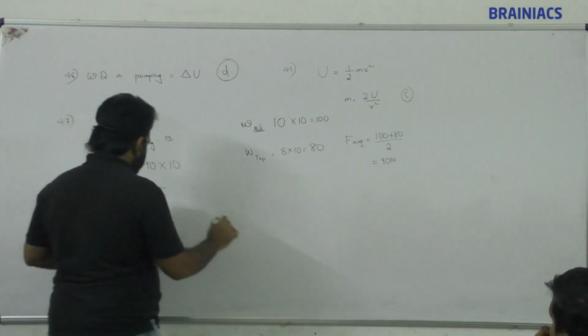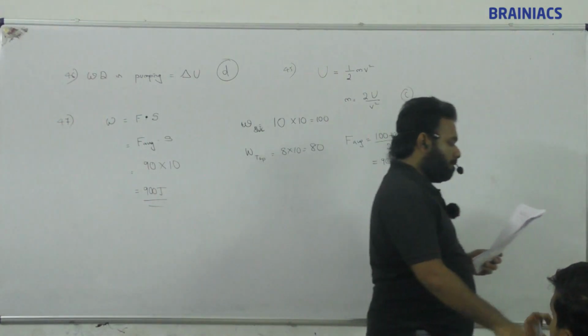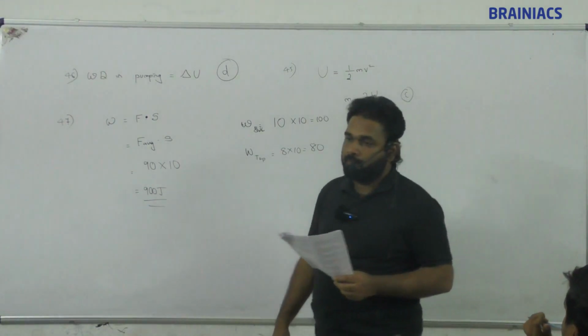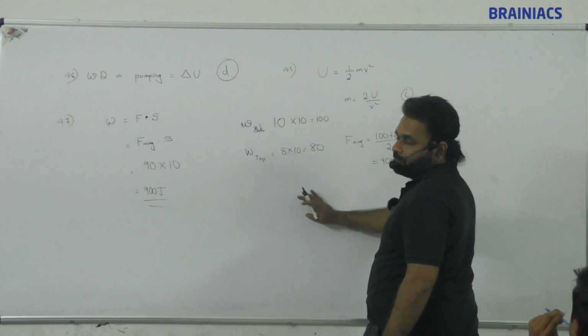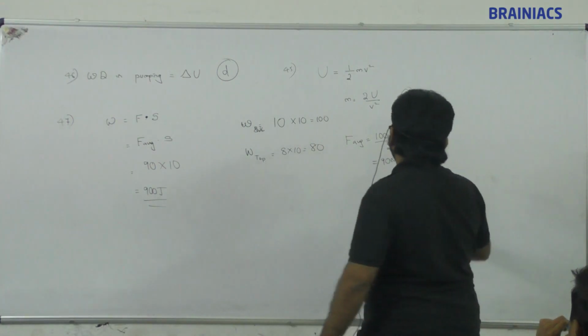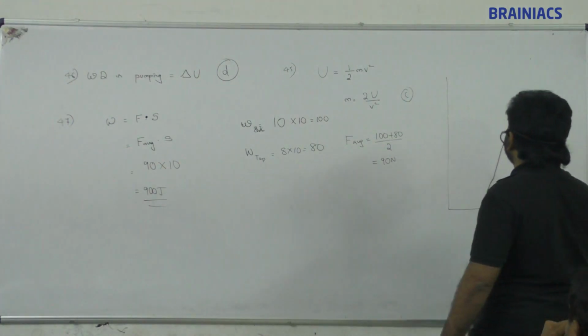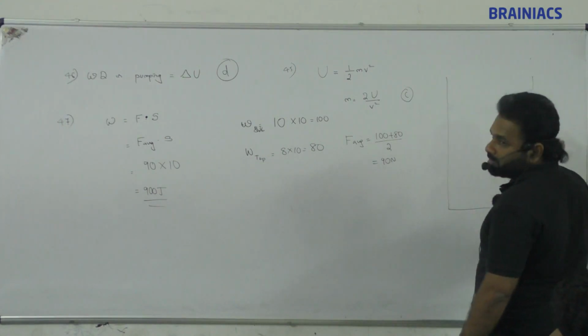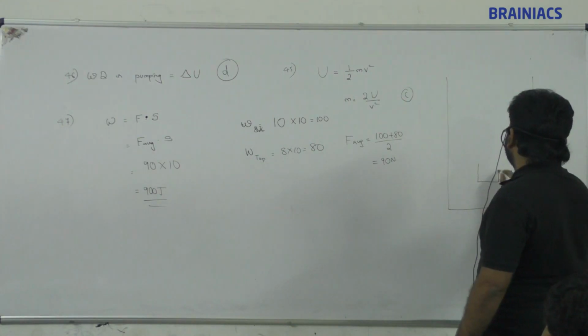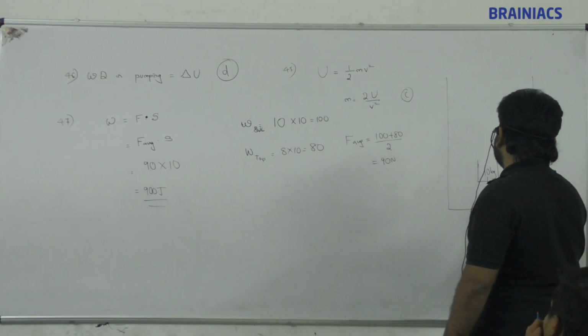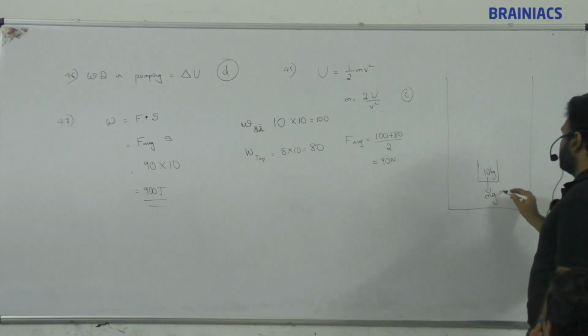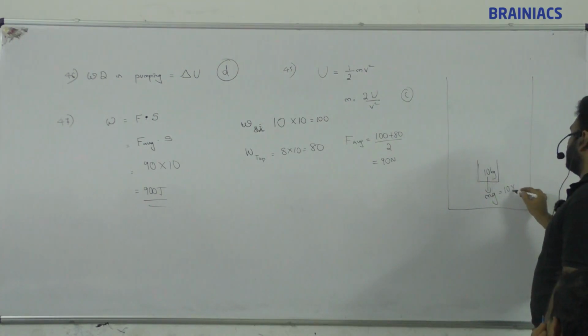Why are you taking the average force? Because this force is not constant. So this is the well. If this bucket is actually 10 kg, then its weight mg is going to be 100 Newton.